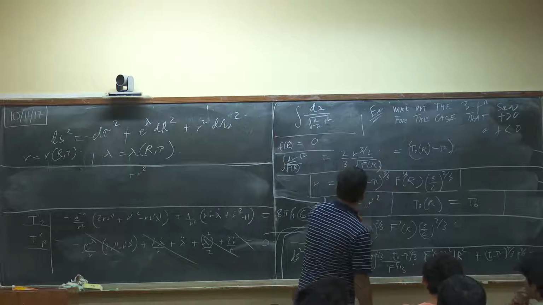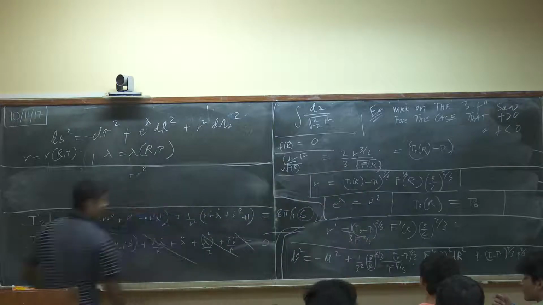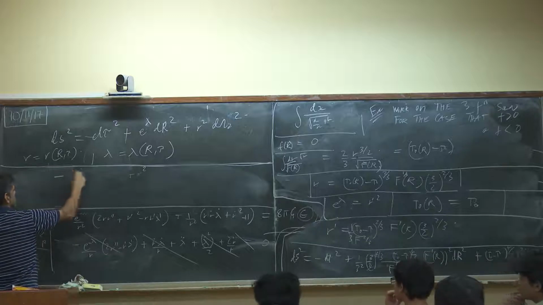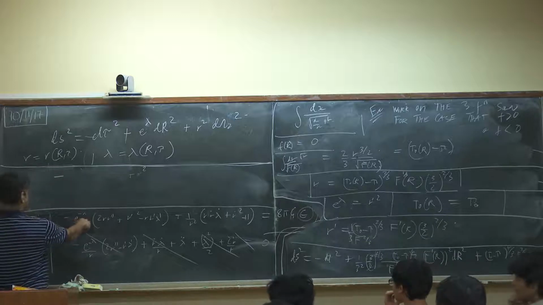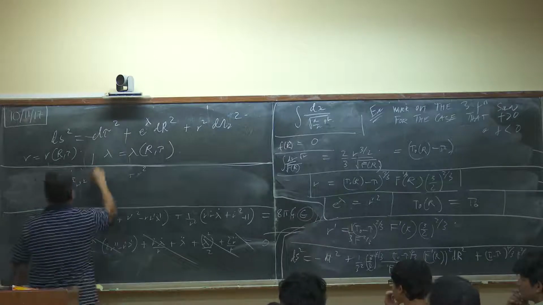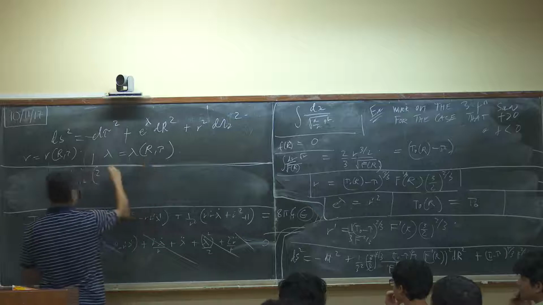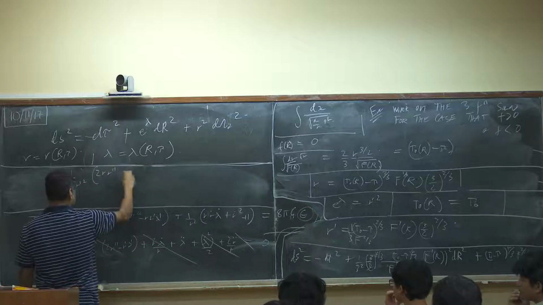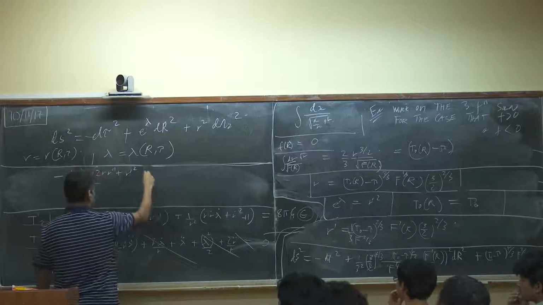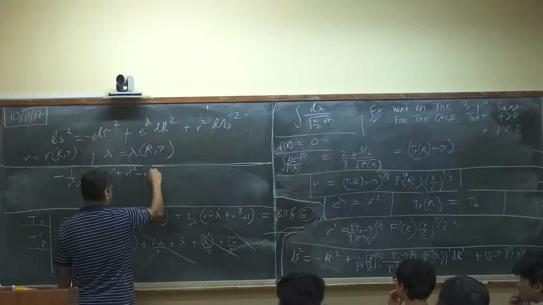Let me first write it in terms of r prime, and then we'll simplify. So what we'll do is minus 1 by r squared r prime squared into 2 r double prime plus r prime squared minus r prime lambda prime.